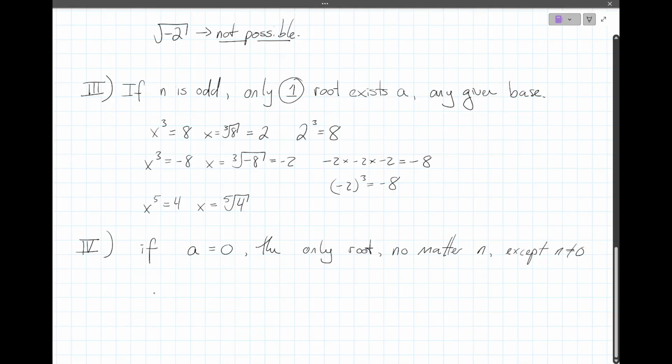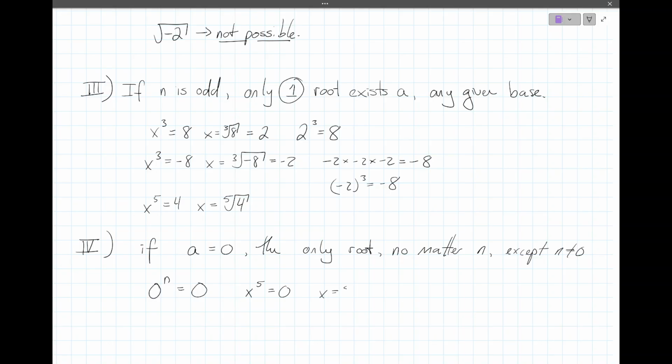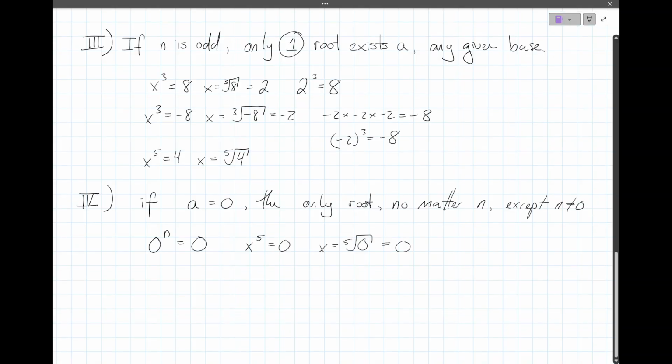And that just means that if I have 0 to some n, that's always going to be 0, right? So if I had x to the 5th is equal to 0, well then x is equal to the 5th root of 0, which is just 0, right? So that's all it's telling us.